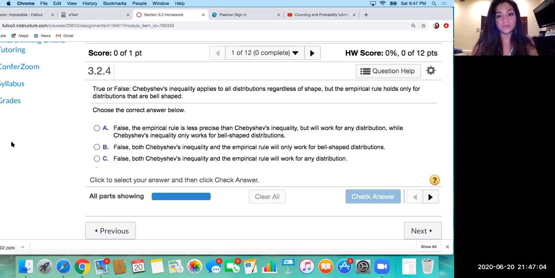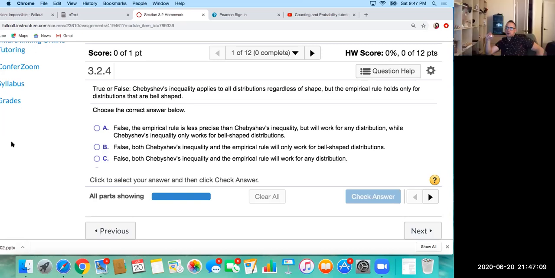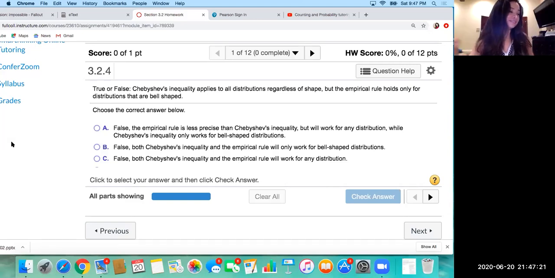Chebyshev's inequality applies to all distributions. The empirical rule applies only to bell-shaped curves, okay? I need to write this down. Bell shapes. And I think that's true.